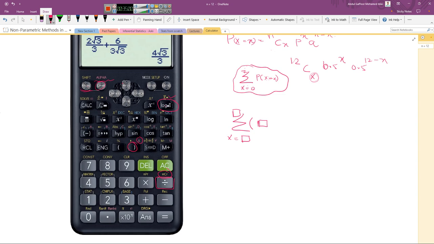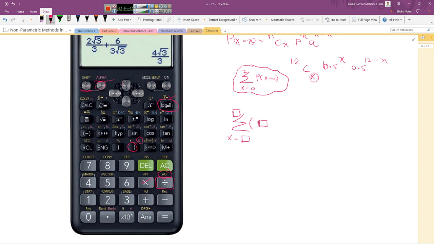Okay, after that the multiplication symbol, this one. If you don't know how to find cumulative binomial probability values using a calculator, this may be helpful for you, so you can work along with me.